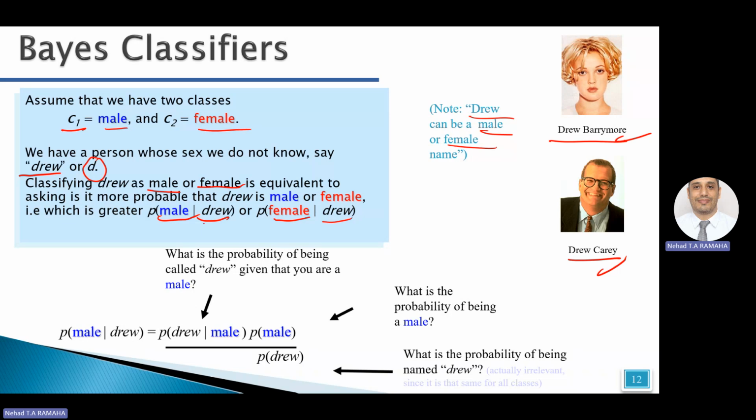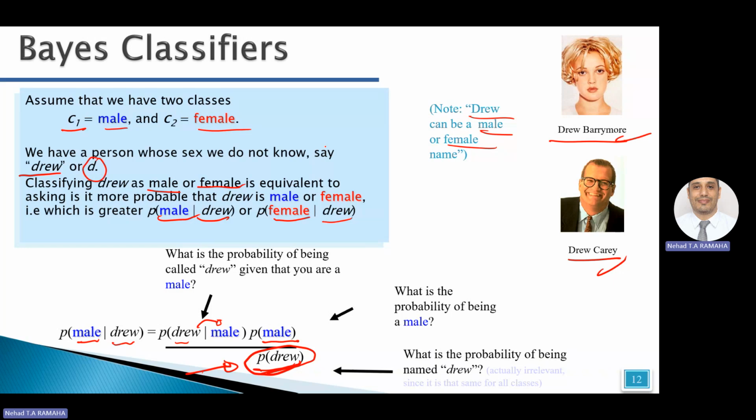So the simple rule: the probability of male given Tru equals the probability of Tru given male, multiplied by the probability of male, divided by the probability of Tru. The probability of the feature usually needs too many calculations, but it does not actually affect the result of the classification. Why?